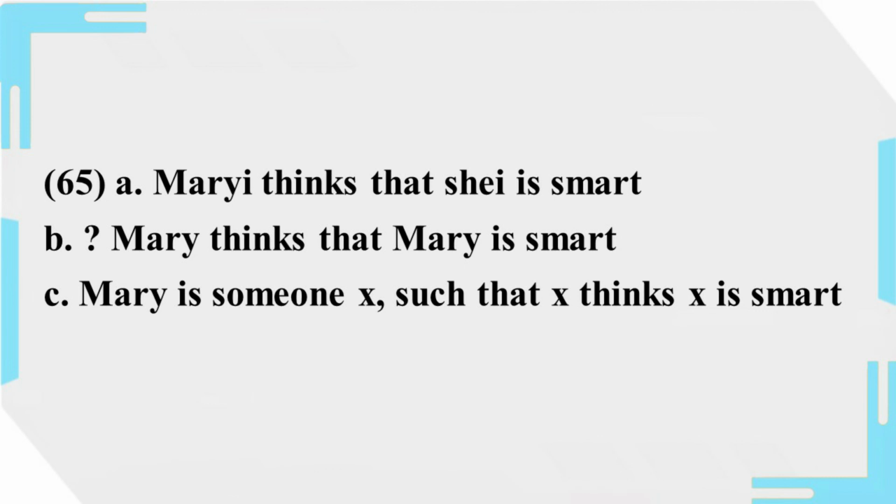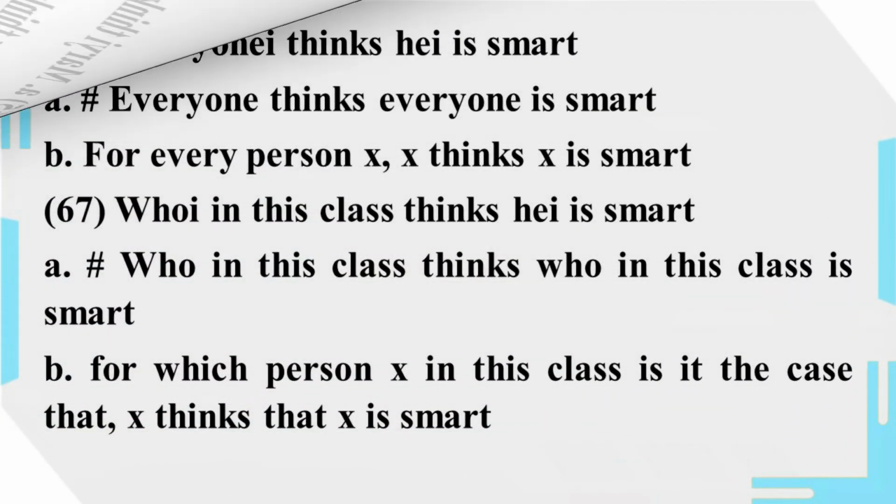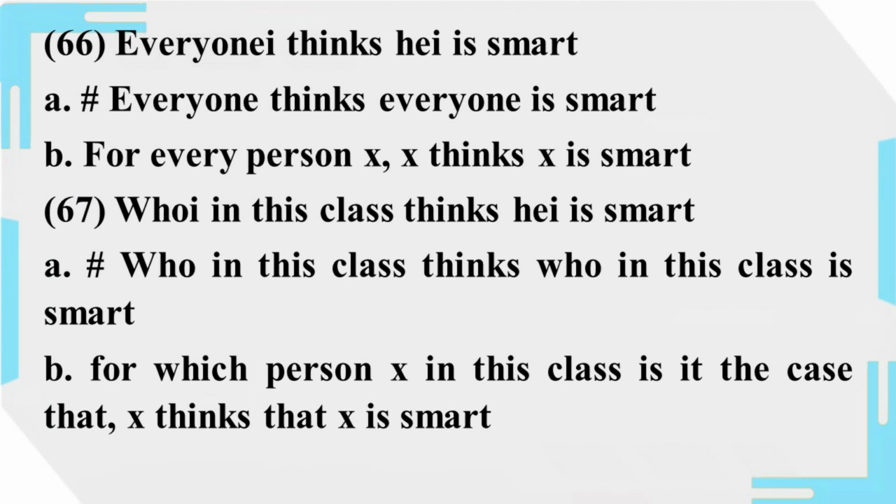When the antecedent is a quantified expression, the first gives the wrong result, but the second is fine. Using a number sign to indicate the meaning that the sentence does not have, consider this data. Everyone thinks he is smart. Everyone thinks everyone is smart. For every person X, X thinks X is smart.